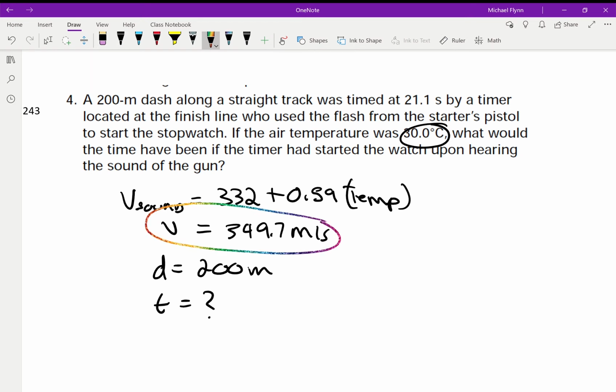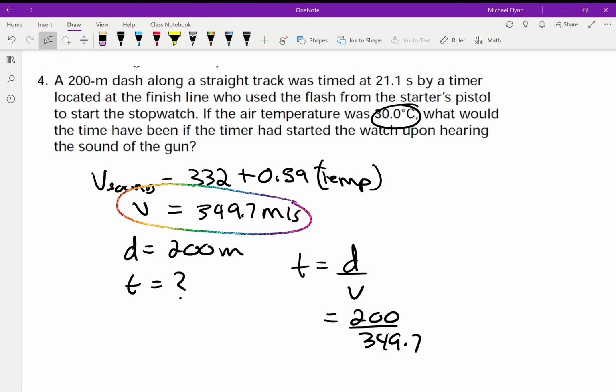There's another formula on the formula sheet where time equals distance over speed. So 200 divided by 349.7 is equal to 0.572 seconds.